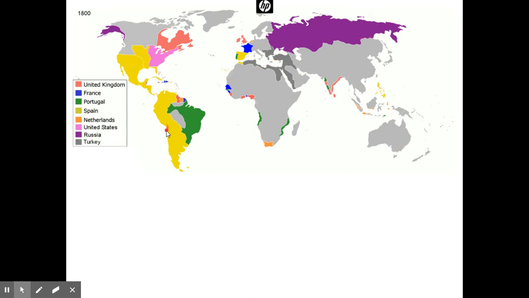Look at all this land Spain has. Portugal had quite a bit of land. The United Kingdom and France even had some colonies, but mostly there wasn't too much land taken in Africa or Asia or India, and that's all going to change during the 1800s with the imperialistic movement.